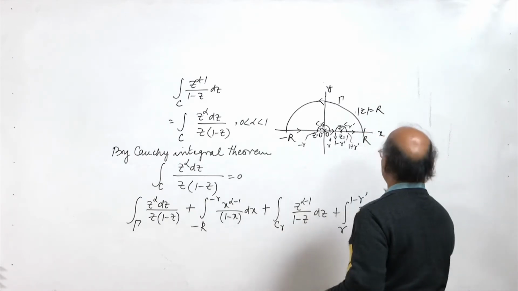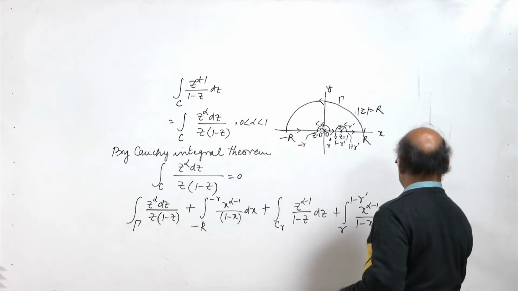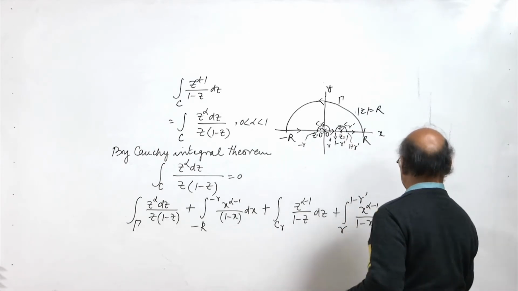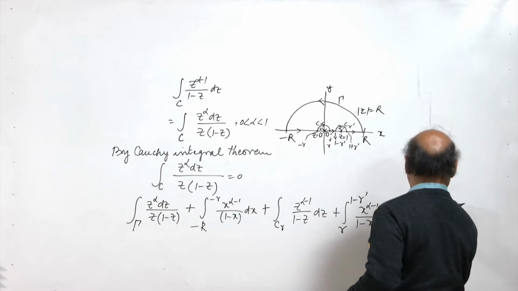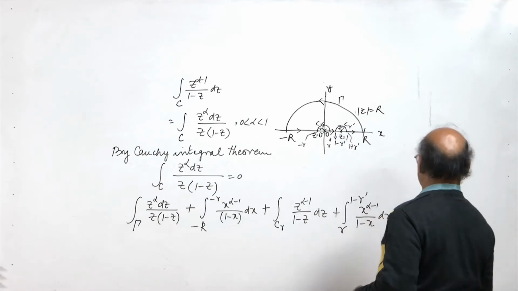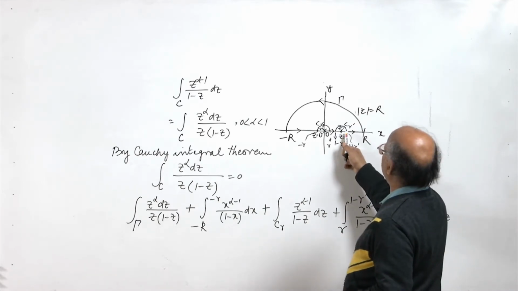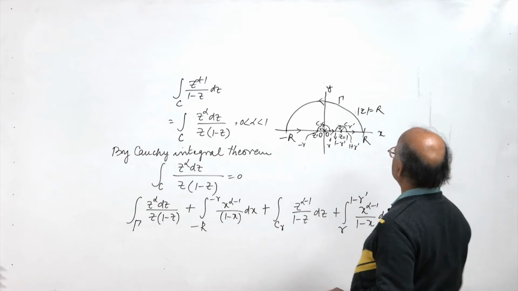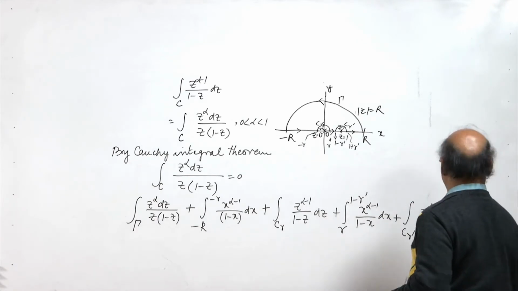Then we are moving along CR dash in the clockwise direction, after we reach this point, we are moving along the real axis again from 1 plus r dash to r.